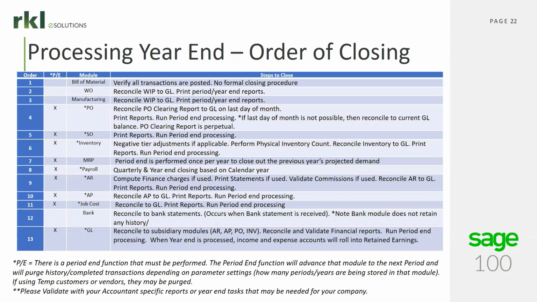Other modules may require running of reports, but not have an actual period end task. Other modules do have period end tasks where you'll need to run the reports and close the periods. And yet other modules like purchase order, inventory, and accounts receivable will have some additional tasks that need to be performed prior to the period end processing.